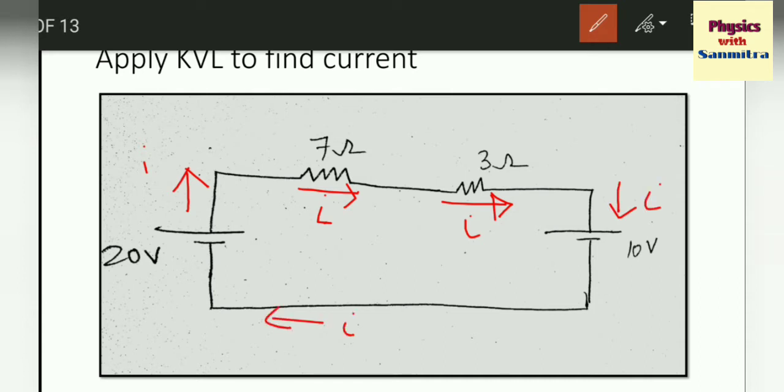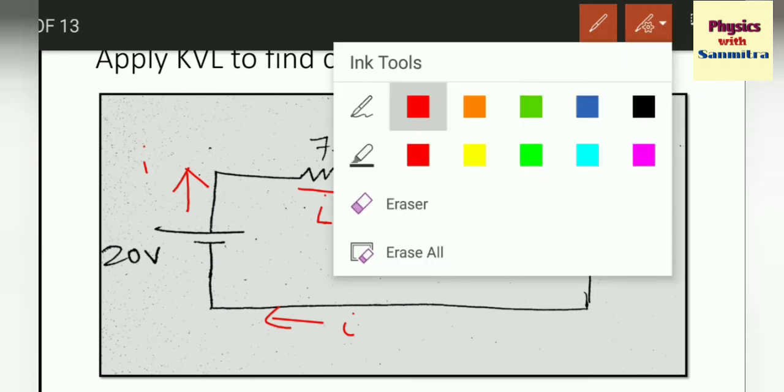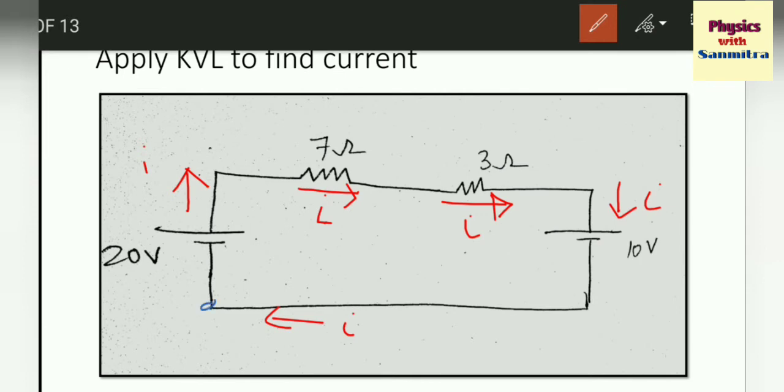Now what we can do is apply KVL. How to apply KVL? See, I'm starting from here. I will be moving in this direction. I hope you understood.